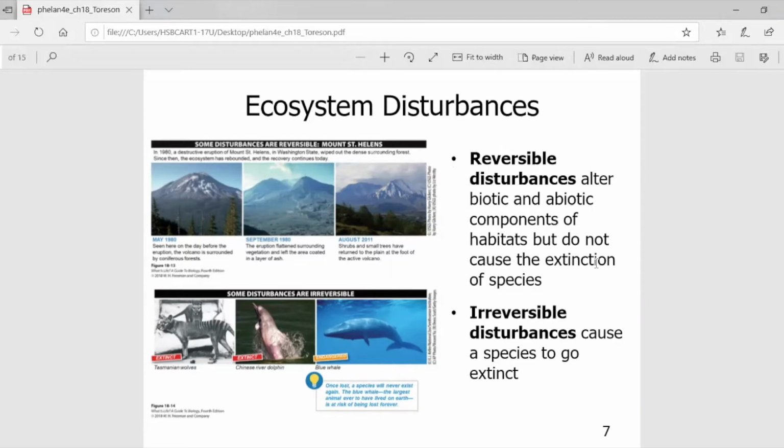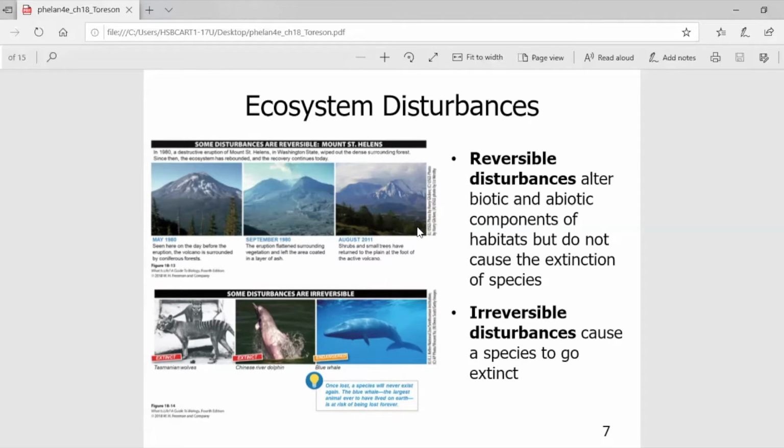An example of this from your textbook is Mount St. Helens erupting. When it erupted back in 1980, it caused a huge disturbance to the environment, but over time, the environment of Mount St. Helens has recovered.